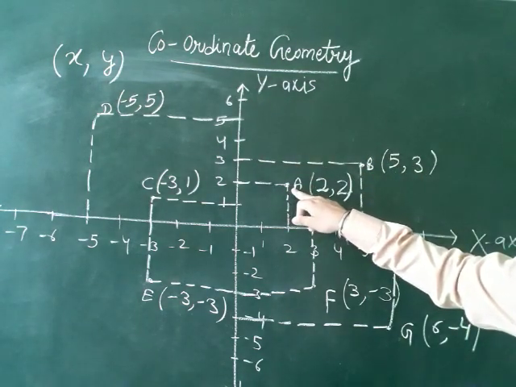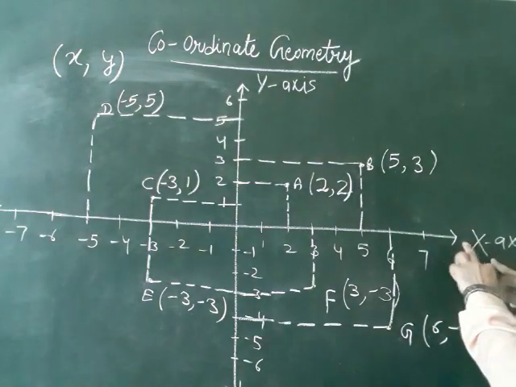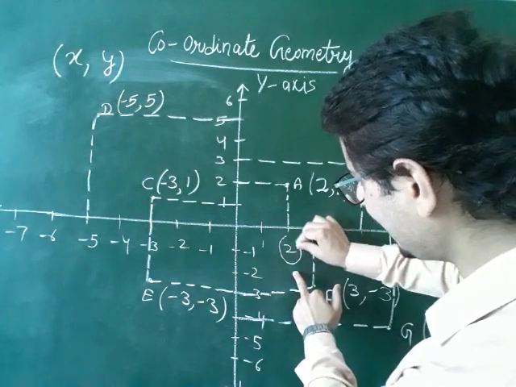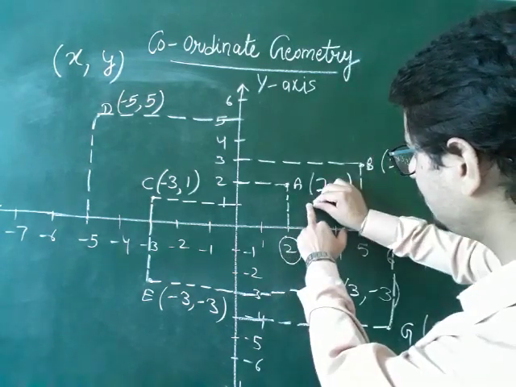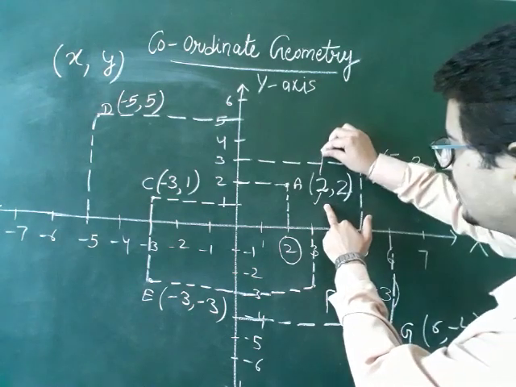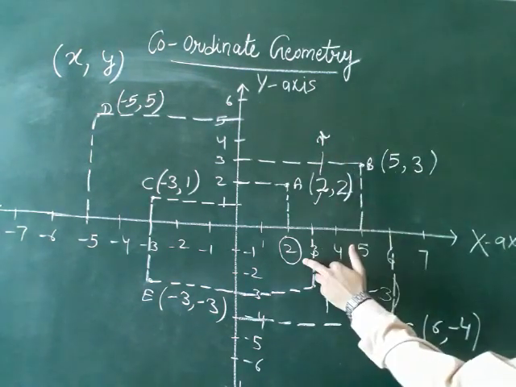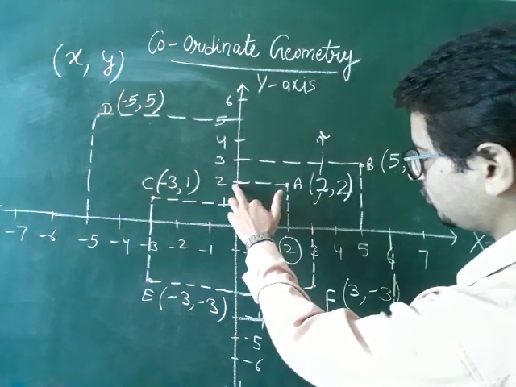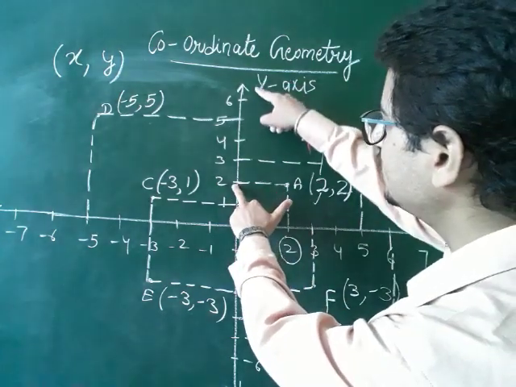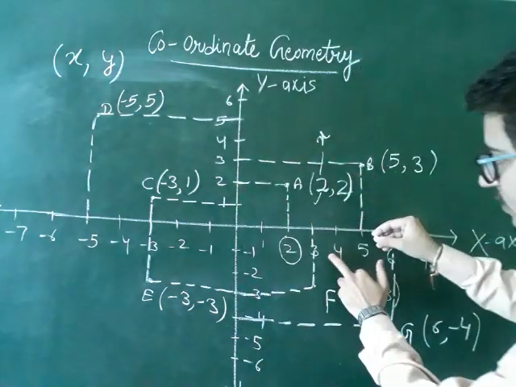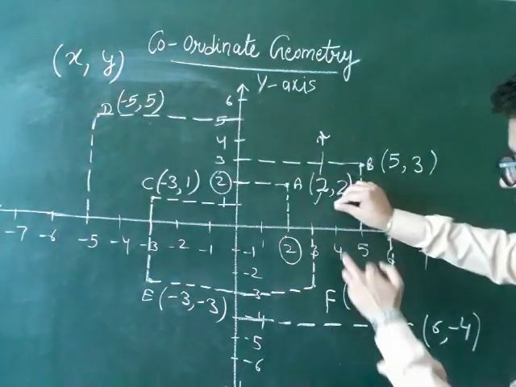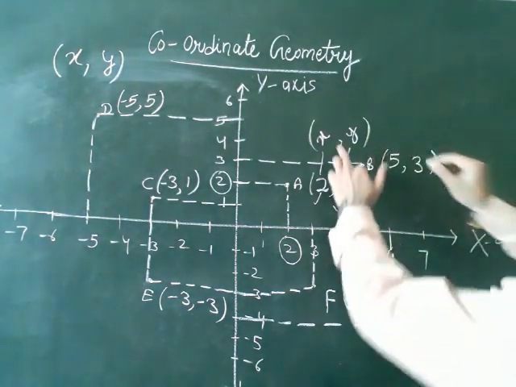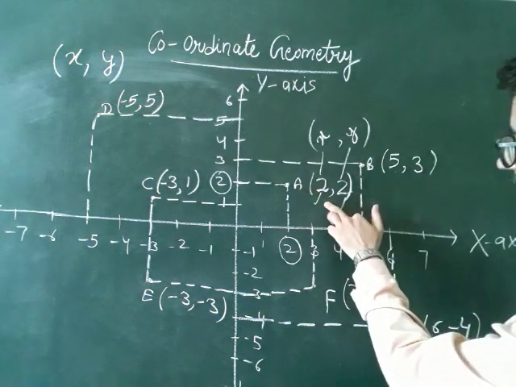First we will read out the value of x, and on x-axis this perpendicular line is intersecting at point 2. So we will write 2 here because this is the value of x. Now we will read out the value of y on which this perpendicular is intersecting, and here the value of y is +2. This is the required coordinate xy. So the coordinates of A is 2, 2.